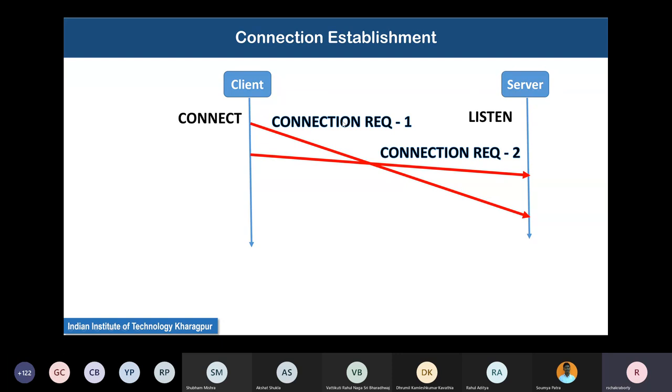So suppose the acknowledgement is not coming back for a certain amount of time.